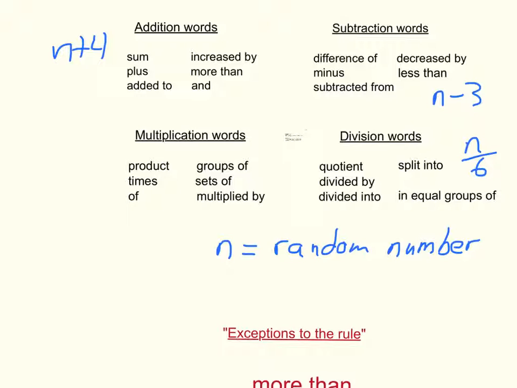Now multiplication is a little bit different when you use a variable and a regular number. Normally, if I was going to say my random number times 2, we could write it with a dot. But in algebra, we try to get away from using a dot so much because it looks like a decimal.